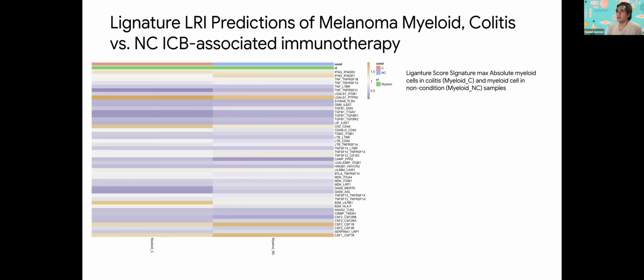So we have both conditions, with all the LRI predictions for melanoma in the myeloid cells for C and NC ICB associated immunotherapy, with Lignature scores for myeloid cells in colitis and myeloid cells in non-conditioned samples.